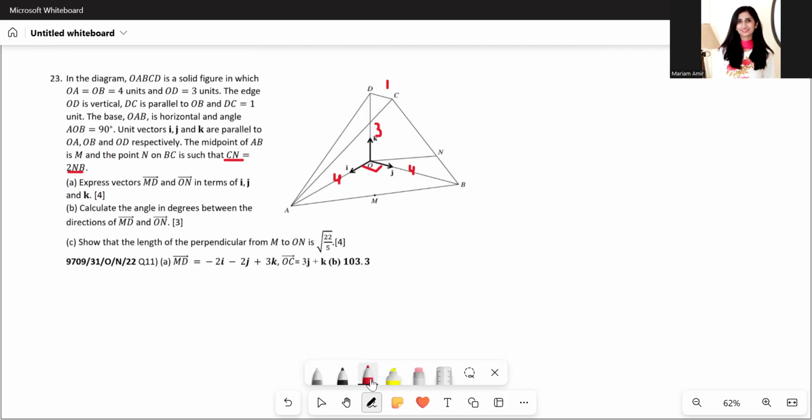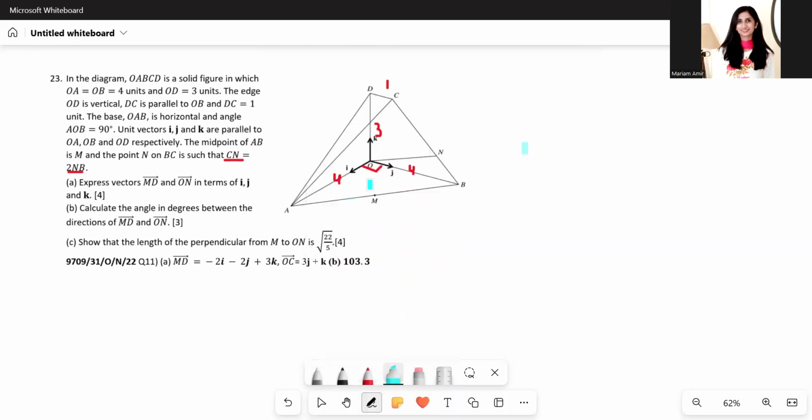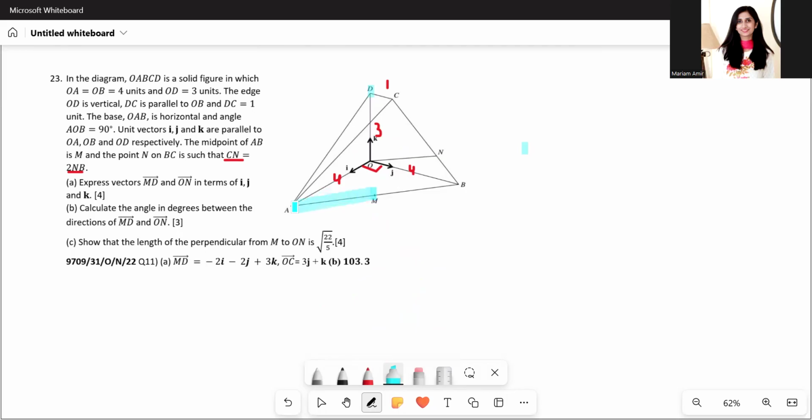All right. So we need to go from M to D. So here's M and here's D. We're going to use this route. We can go from M to A, then A to O, and then O to D. That will give us MD.